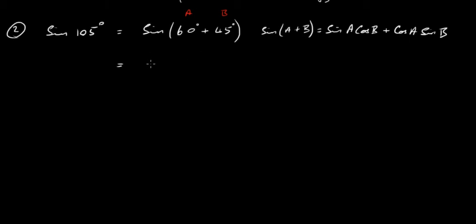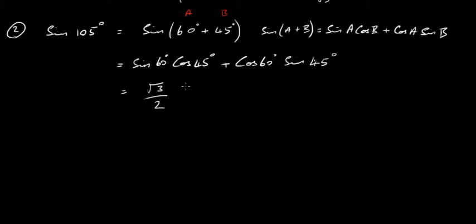Let's see what we get when we write this out. It's sine of A, which is sine 60, cos B, which is cos 45, plus cos A, which is cos 60 degrees, sine B, sine 45 degrees. Well, the sine of 60 degrees is root 3 over 2. The cos of 45 is 1 over root 2.